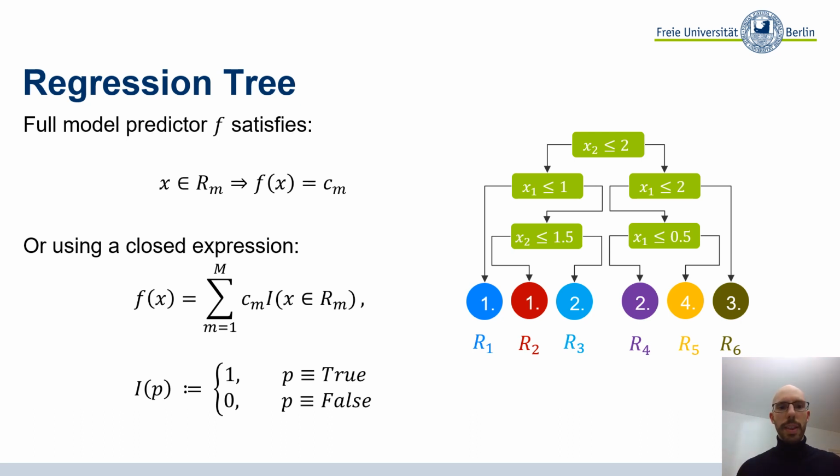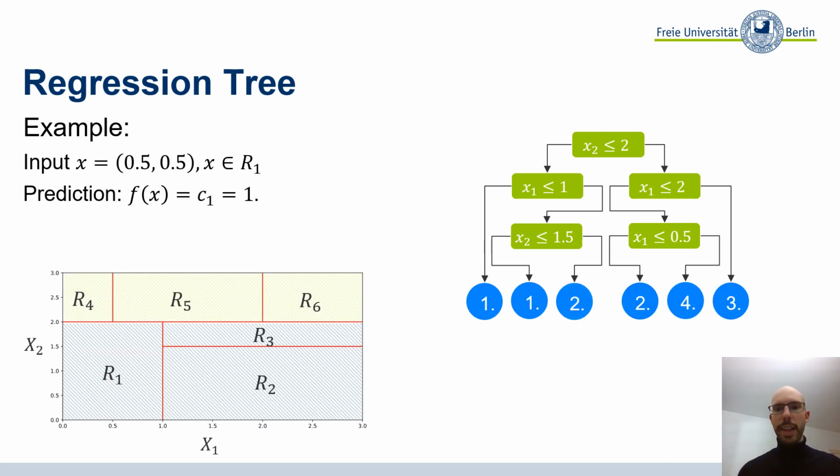If that point x lies in a region Rm of the input space, then the output of our full model predictor is going to be cm. So it's going to be the value of the respective node for this region in the regression tree. If you read Hastie and Tibshirani, you might also find this closed expression for the full model predictor, but this is just a fancy way of writing this down in case you are interested.